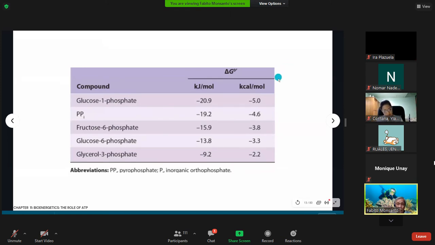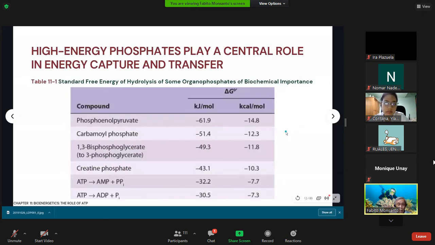These are low or high energy phosphates. So let's look at the high energy phosphates. Going back here, that's ADP. That's already one phosphate.